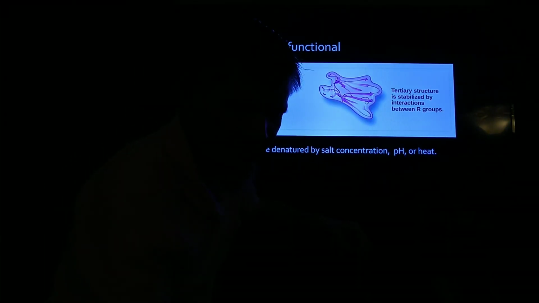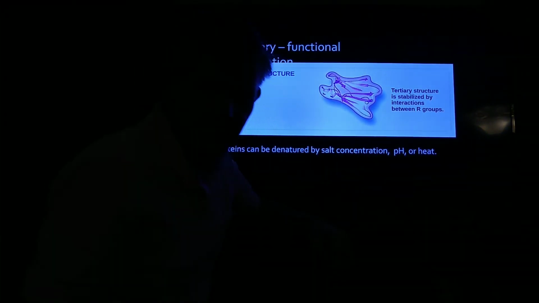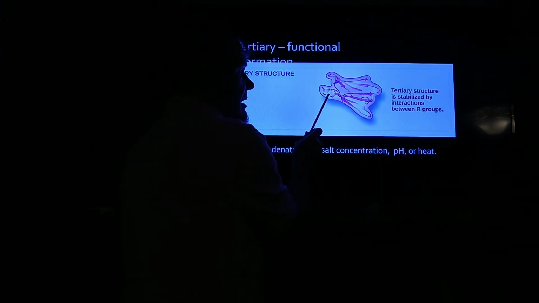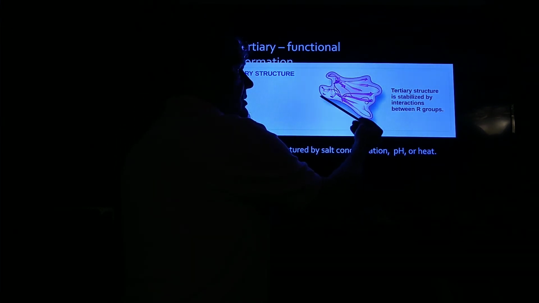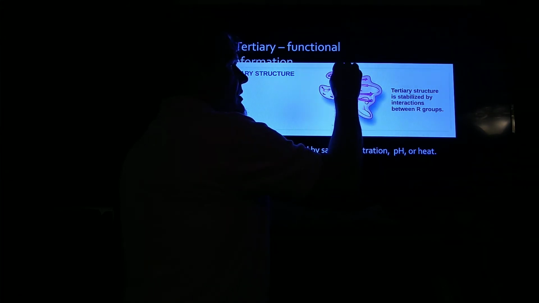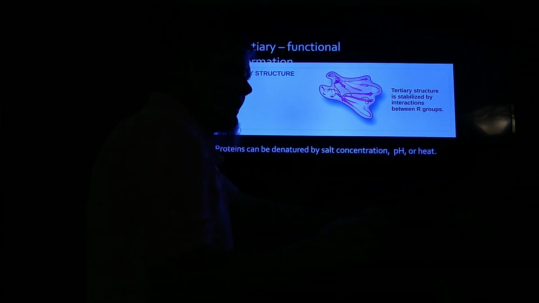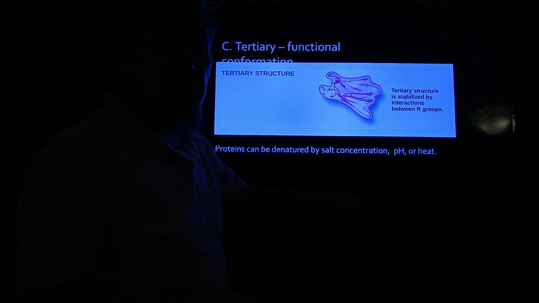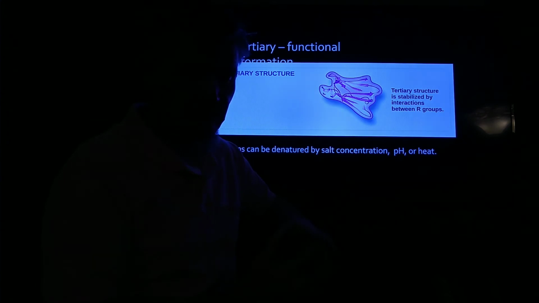And I know that this is difficult to see in this image. Please look at it on your own PowerPoints. But we can see how one section right here has been twisted into the corkscrew, and other sections have been folded into the sheet. If I've got twists and folds, it's not going to be a nice straight line.